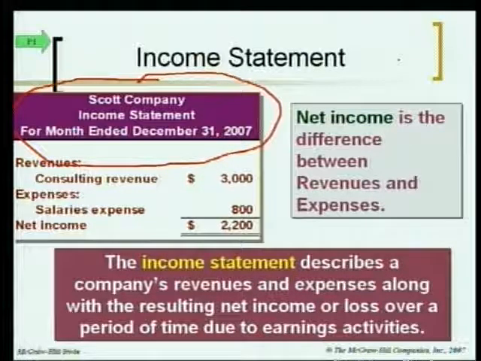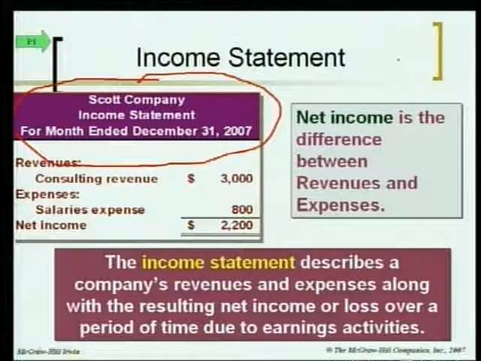Does this make sense? Do you see how on this financial statement, if we just said Scott Company income statement, December 31 of '07, that does not tell us what time period we're referring to. Is that correct? You have to say for the month ended December 31 of '07 in regards to revenues.